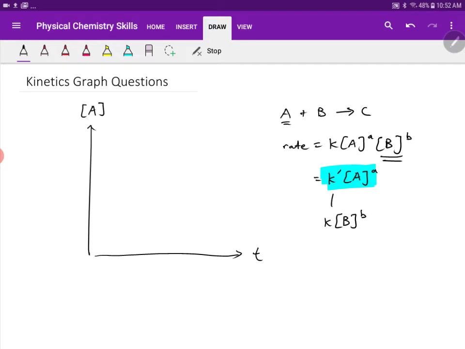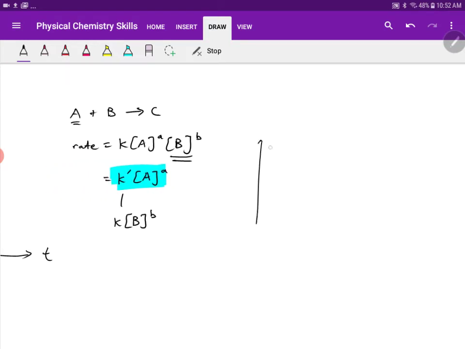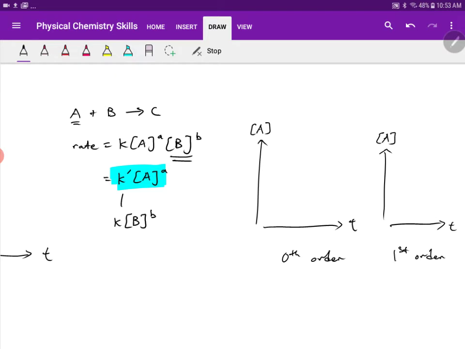So there are typically two different types of graphs that we usually see in the A-level syllabus, which is the zero order and the first order graph, where we have concentration of A versus time. And what we'll realize is that for the zeroth order and the first order graphs, you will get these two shapes. For zero order, it will just look like that. The first order will look like this, and it has constant half-lives.